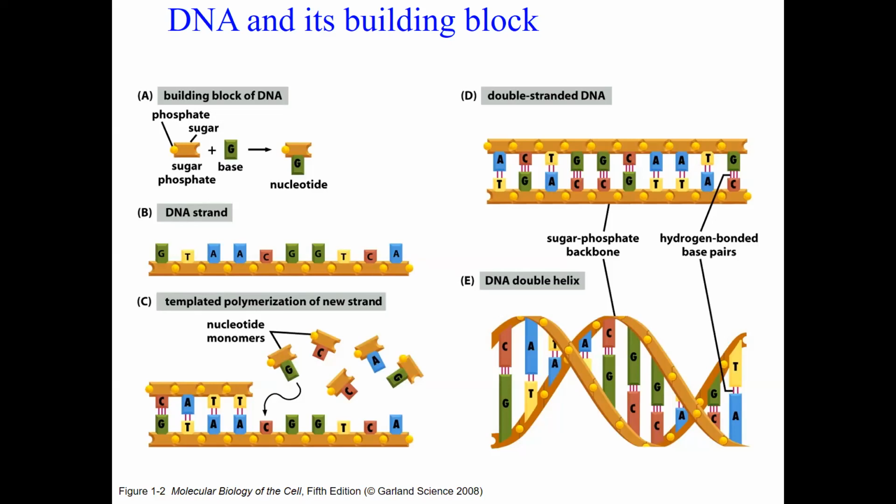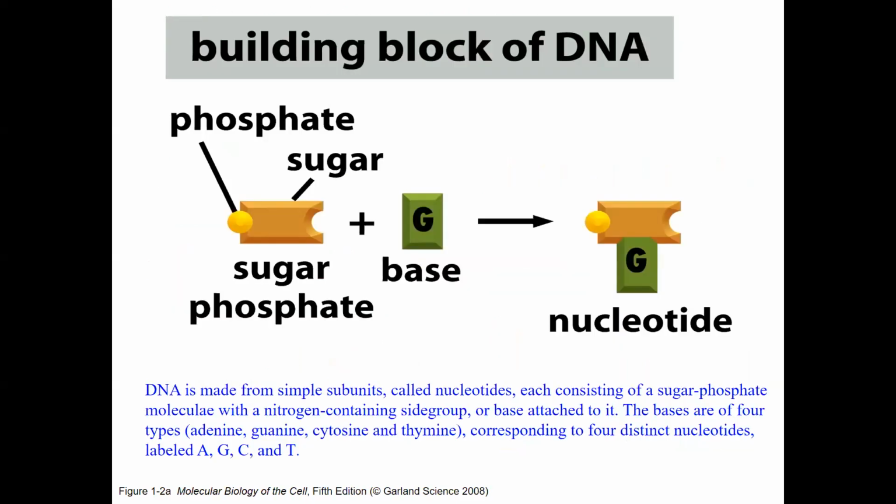And the scientists got the idea from the natural system. So the building blocks of DNA, you can see the yellow circle like a phosphate, sugar, and a base, for example, adenine or like that, and make the nucleotide. And this is the unit.